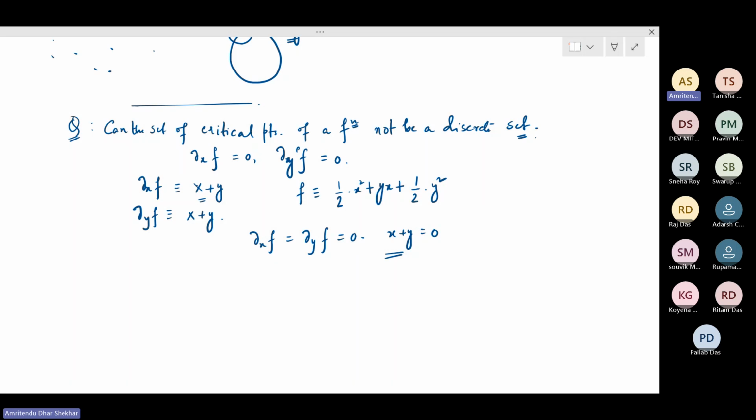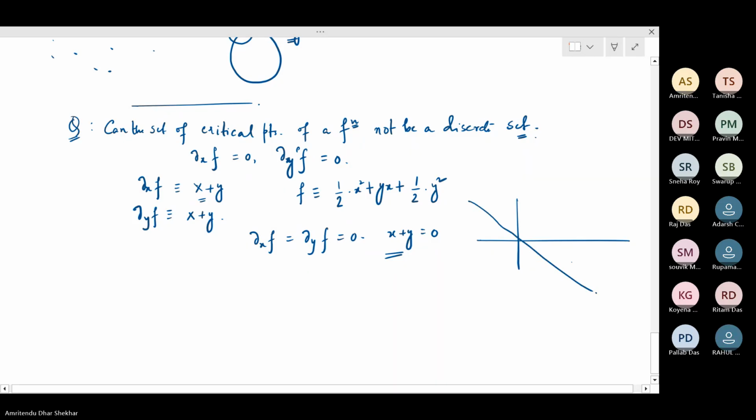If you plot this set in the R2 plane, it is y equal to minus x, this line. But this is obviously not a discrete set. So it's not always necessary that the set of critical points of a function f be a discrete set.